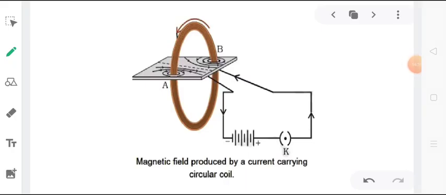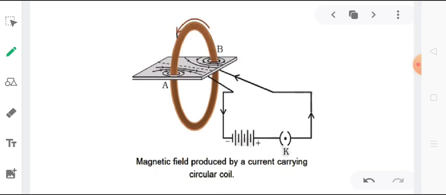So, in order to study the magnetic field produced by a current carrying circular coil, the experimental setup is somewhat like this. Now, for simplicity, we can make use of one turn of wire, but if we want a stronger magnetic field, instead of one single turn of copper wire, we can include several turns.